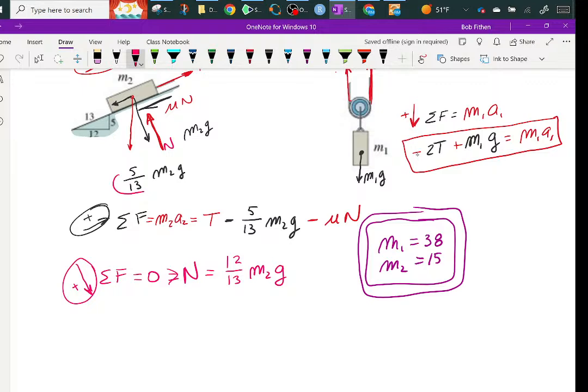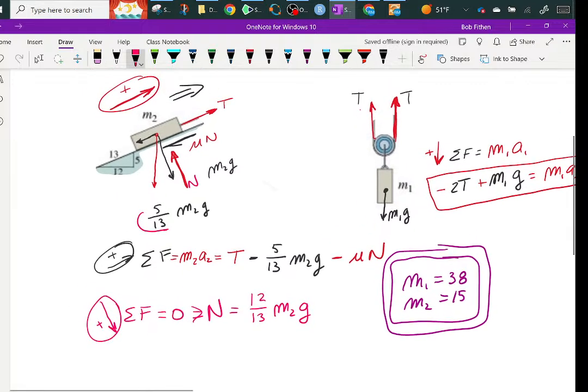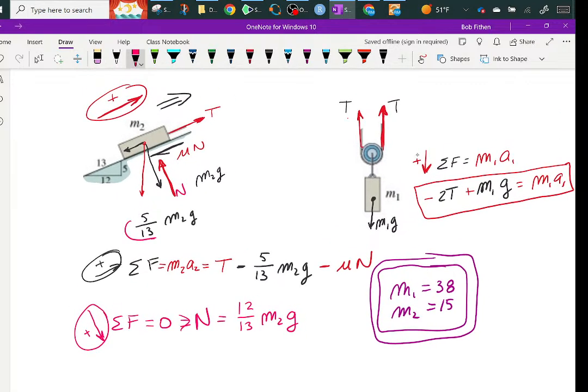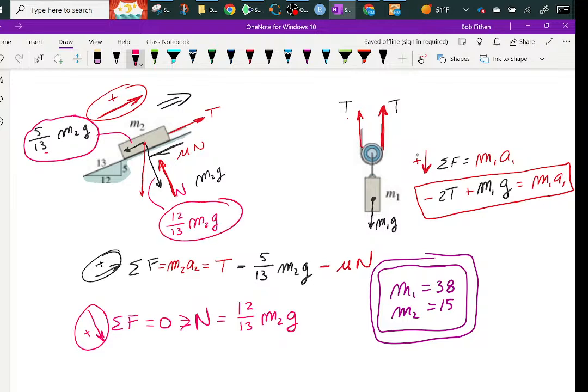This is not really done very well, so I'll move it out of the way. This really belongs with this component, and this component is 12/13 of M2G. So those are those two.